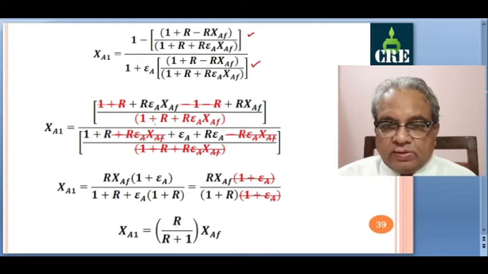And this is same in the denominator. So this term also cancels out. So what is left? XA1 is R epsilon A XAF plus R XAF. Okay, so I can take R XAF common, and in the bracket I can write the remaining terms: 1 plus epsilon A. In the denominator, 1 plus R plus epsilon A plus R epsilon A. So epsilon A I am taking common, and 1 plus R in the bracket.